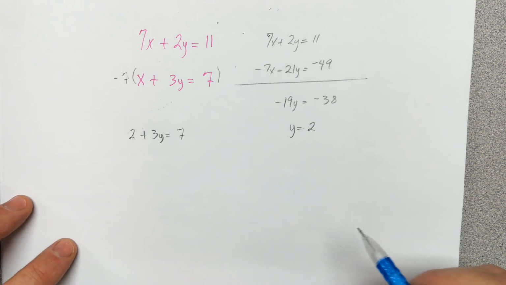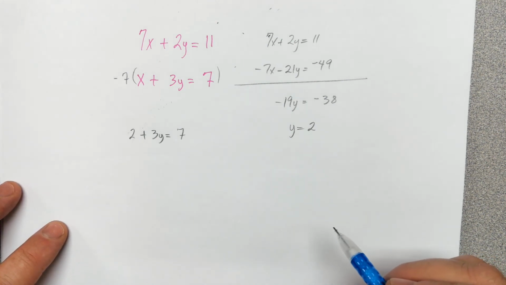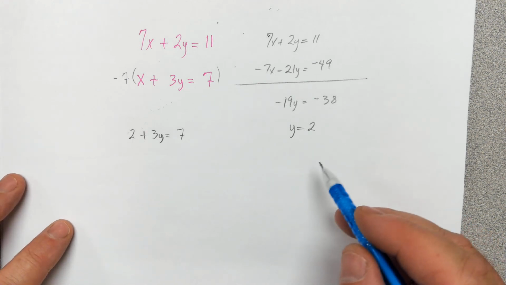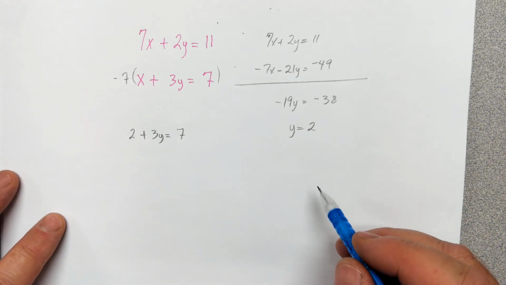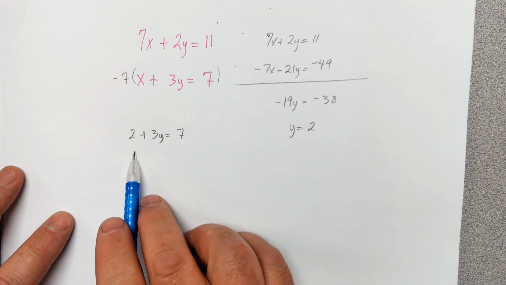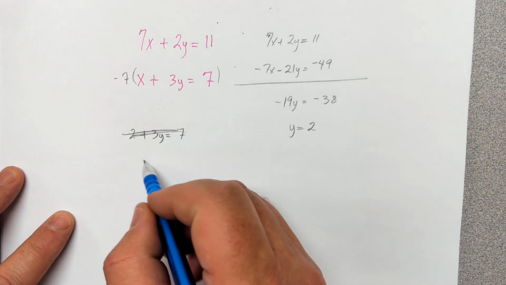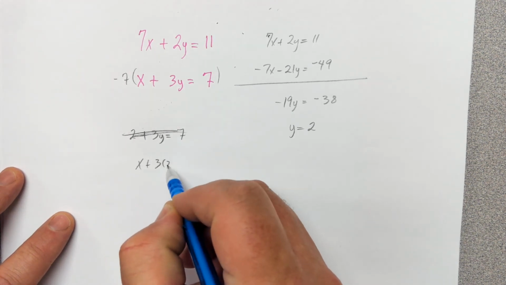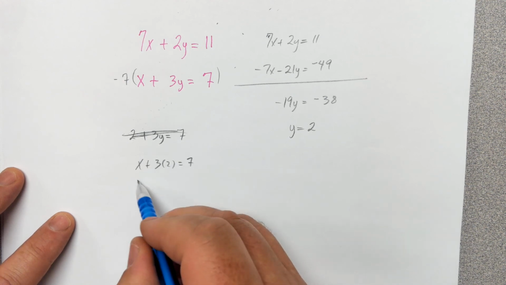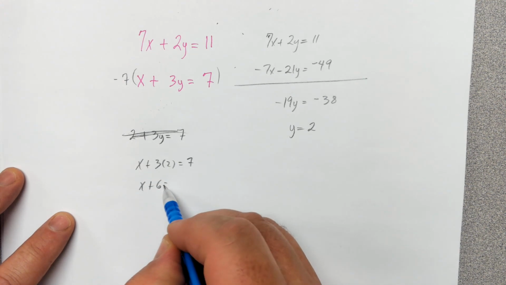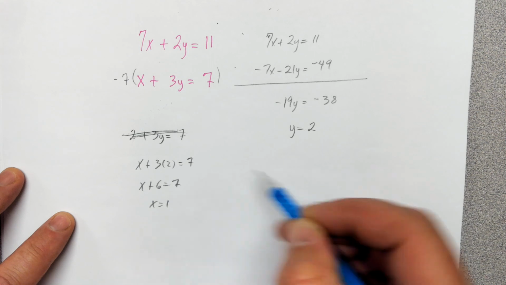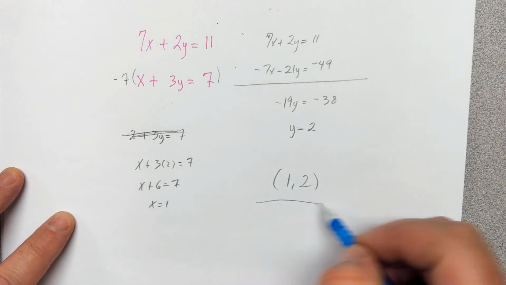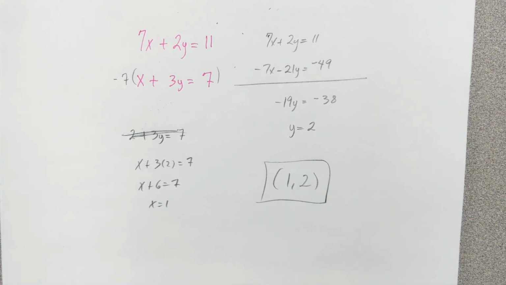God, it's 49. Oh crap, I did something stupid. But I did start with that negative 7. Yeah. There we go.